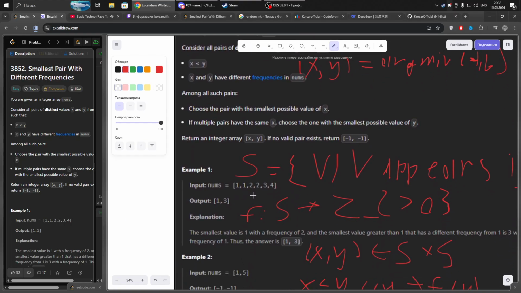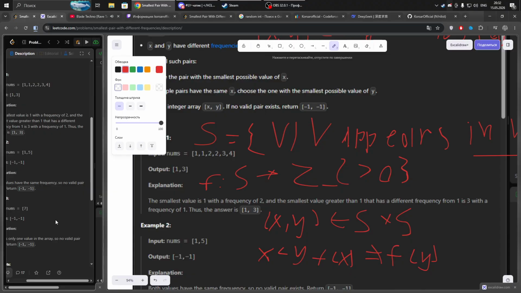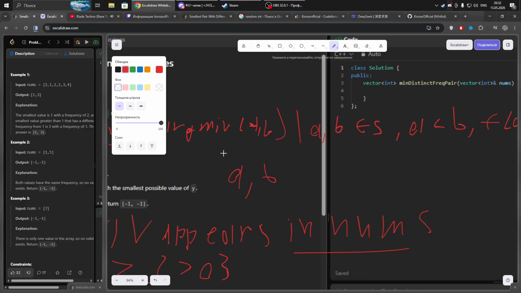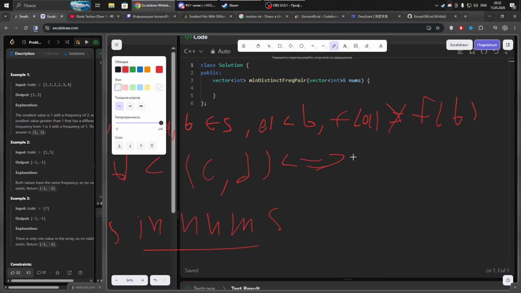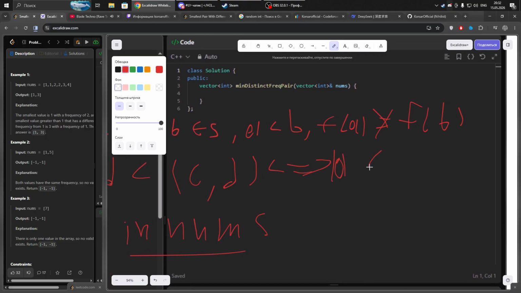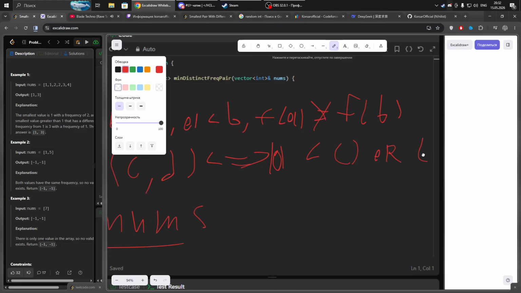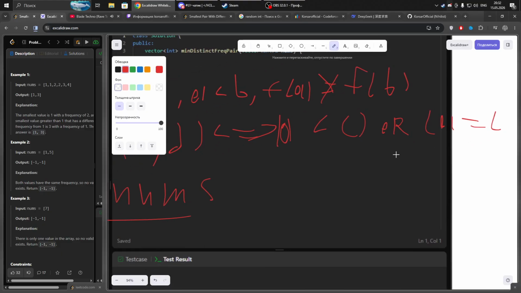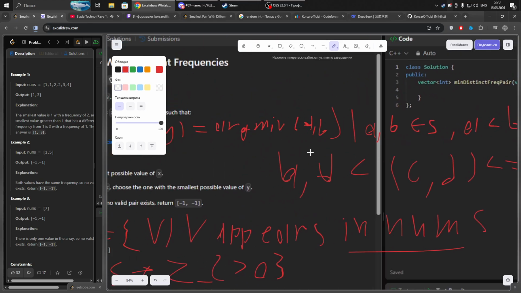And under the order, a, b is lower than c, d if a is lower than c, or a equals c and b is lower than d. So we sort all distinct values.